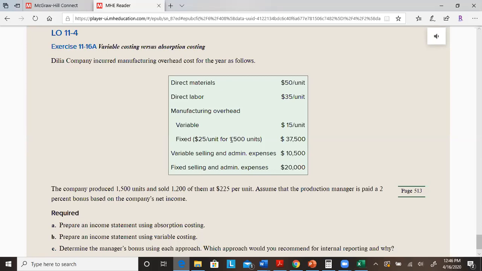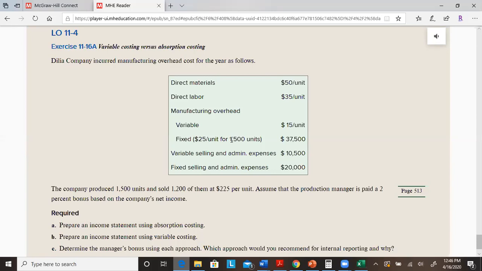So the next one is using variable costing. Revenue, direct materials, direct labor stay the same. This time, anything that says variable, I'm putting above the contribution margin.